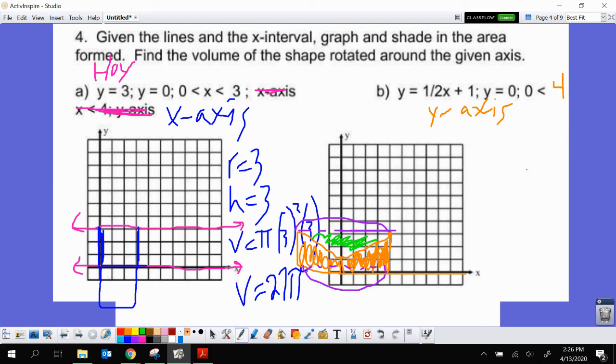Okay, and what you're going to find here in a little bit is that this is actually a cone. And so when you rotate a triangle, it's going to create a cone. And so what we would need to do here is take the volume of the cylinder and subtract out the cone. So this kind of problem will make more sense here in a little bit when we look through cones.